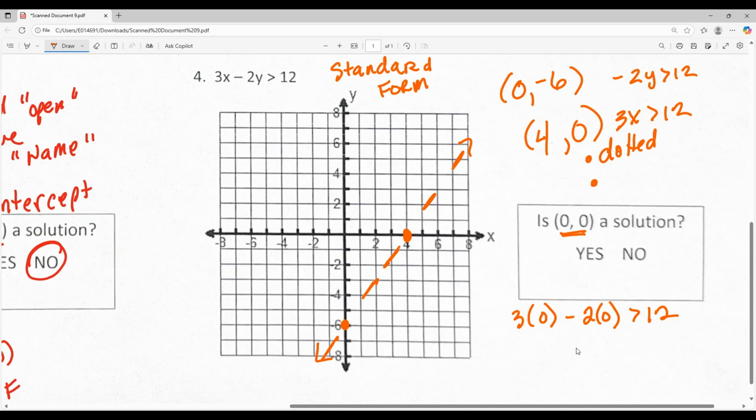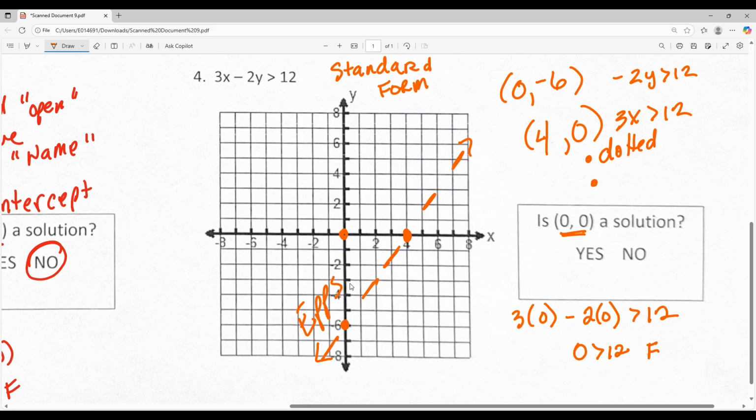Negative 2 times 0 is 0. So that gives me 0 on that side greater than 12. Is 0 greater than 12? No, it's false. Okay? That means the point 0, 0 needs to be not shaded. So here's my name.